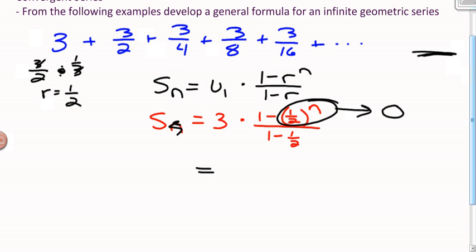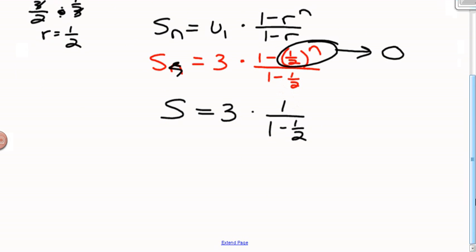So no n in my equation anymore, so this is S equals 3 times, well, 1 minus 0 is 1. My denominator is 1 minus 1/2, which you can figure out is 1/2. But my generic equation, this is what our goal was, not finding the sum of it, but to find our generic equation.